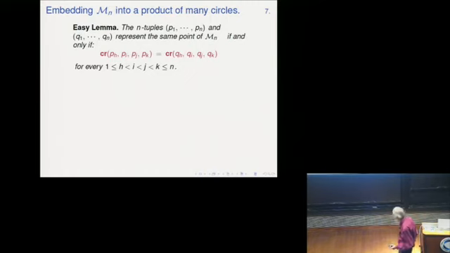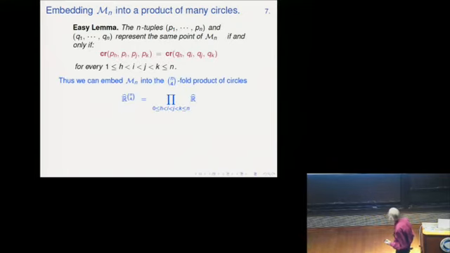The corresponding statement for the others would then follow very easily. So this means we can embed Mn into the n-choose-4 fold product of circles. Corresponding to each point in moduli space, we take this n-choose-4 tuple of real numbers, the cross ratios.